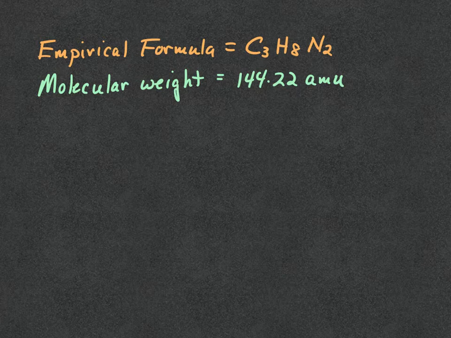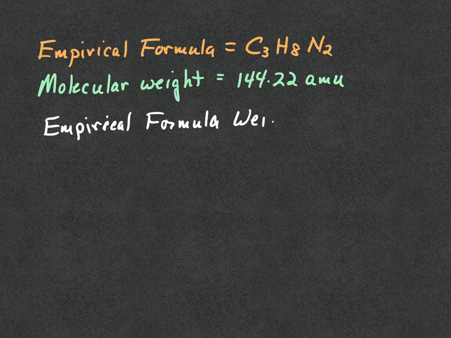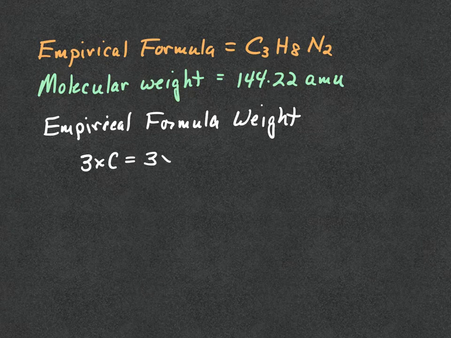Right? So we need to find an empirical formula weight, to see if it's the same as the molecular weight. Okay, so that's 3 times carbon, which is equal to 3 times 12.01 atomic mass units.